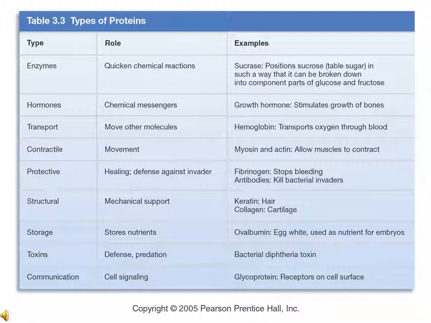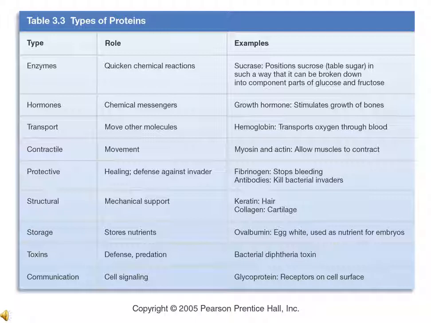This table shows you the different types of proteins and how they function. Basically, you can break down proteins into 2 types of functionalities. There are structural proteins, which make up muscles, which make up bones, which make up a variety of structures within an organism. And then you have functional proteins.